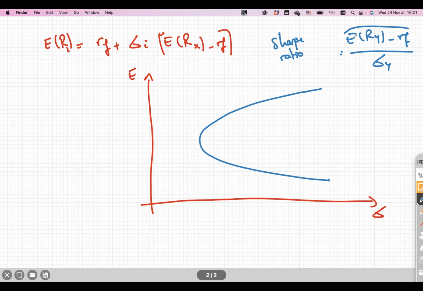The difference between the return of a risky asset and the return of the risk-free asset is called the excess return, or the risk premium. You will get, for example, 7% more return.